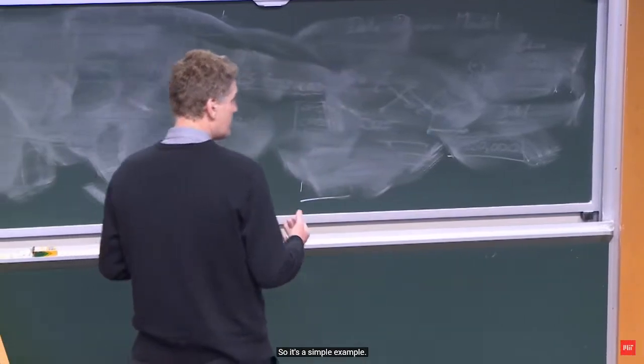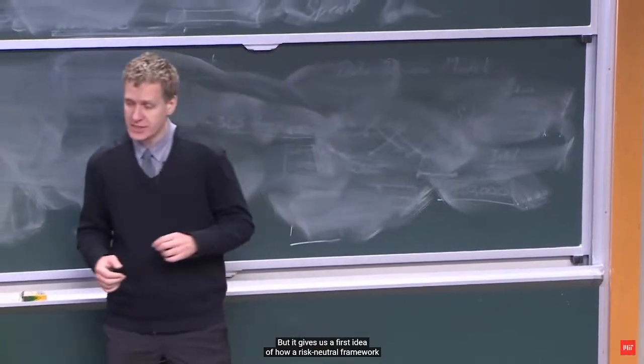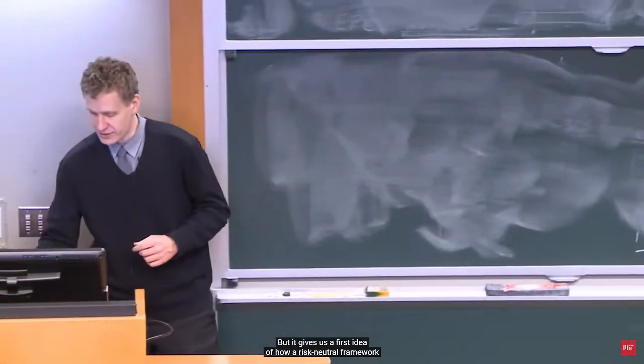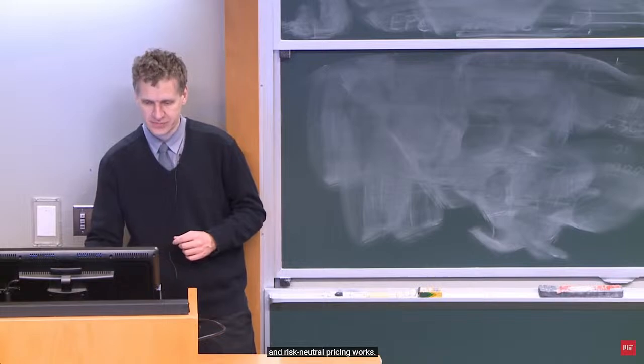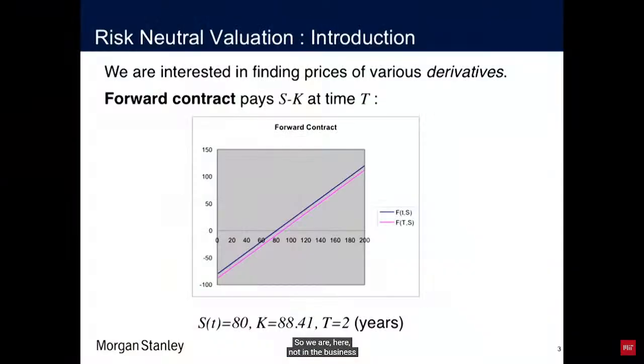So it's a simple example, but it gives us a first idea of how the risk-neutral framework and risk-neutral pricing work. We are not here in the business of making bets on horses. We are actually in the business of pricing derivatives. We'll talk about the simplest possible derivatives, mostly derivatives on stocks, but there are more complicated derivatives whose underlying could be interest rates, bonds, swaps, commodities, whatever.